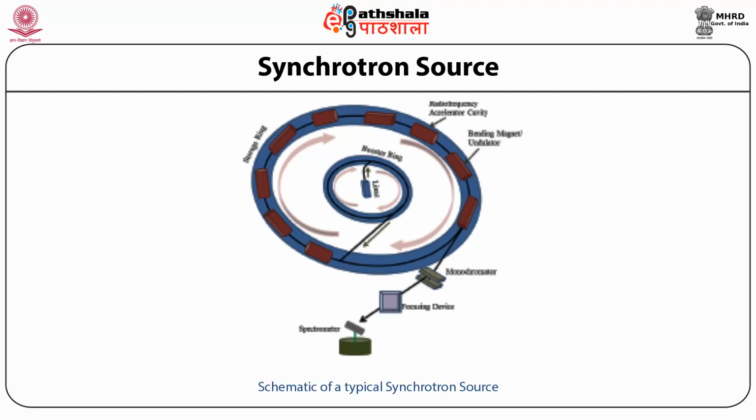Due to the deceleration of electrons at every moment when they are changing their direction of path, X-rays are emitted, and these X-rays are then passed on to the monochromator and after that onto the focusing devices and finally on the spectrometer, where the X-ray diffraction experiments or the X-ray scattering experiments will be performed.